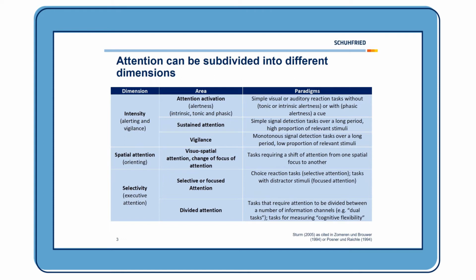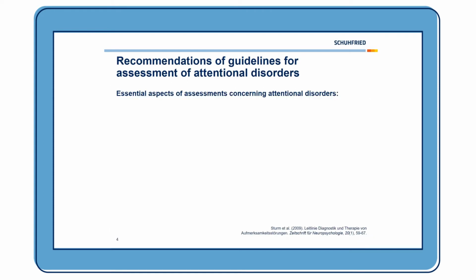So when we took a look at the guidelines for the assessment of attentional disorders, which I talked about earlier, there are some recommendations on how to actually assess attentional disorders. And here we have listed the essential aspects.